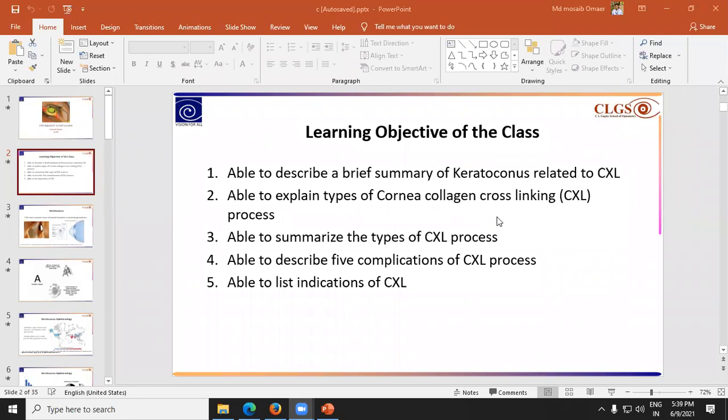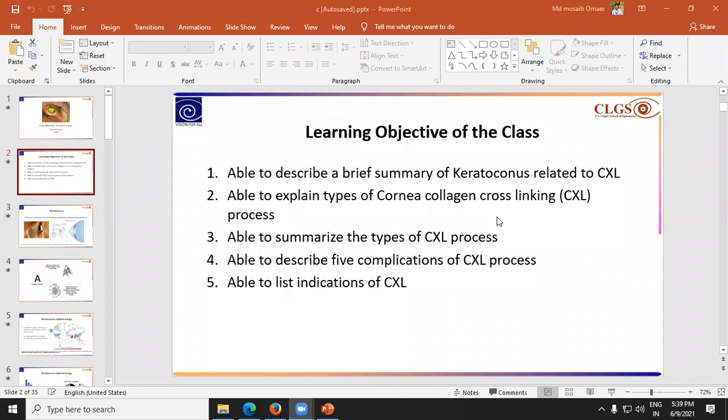Sir, as you said, one is the traditional way and another is the accelerated cross-linking procedure, which also includes pulsed cross-linking and transepithelial.